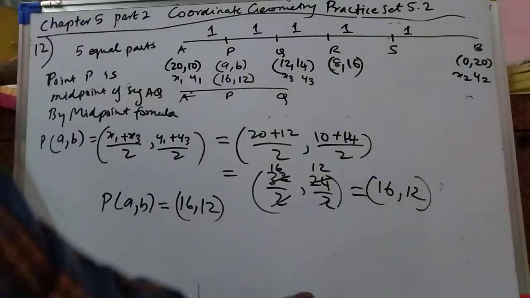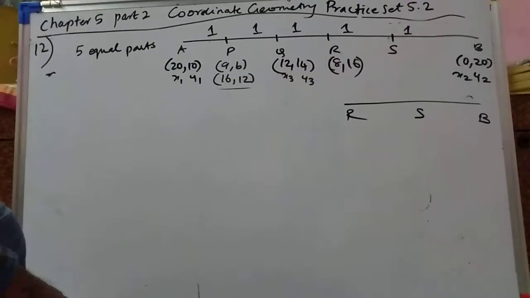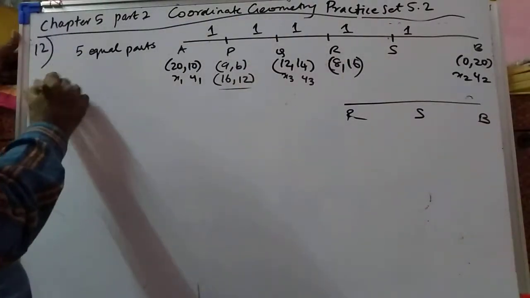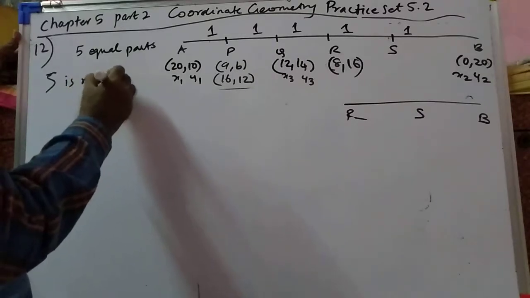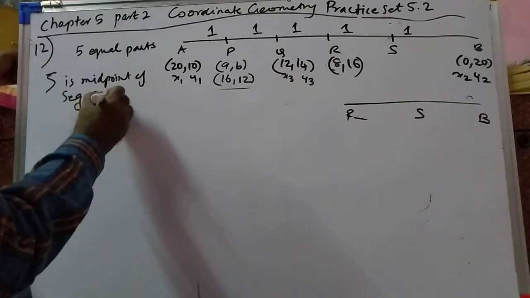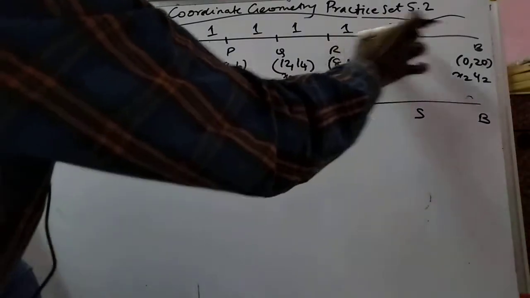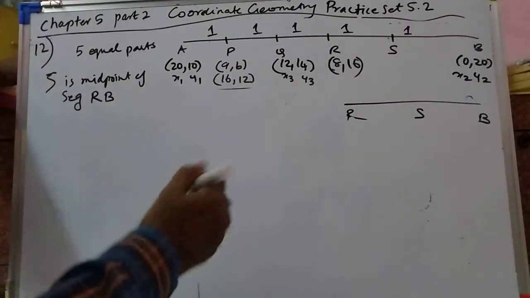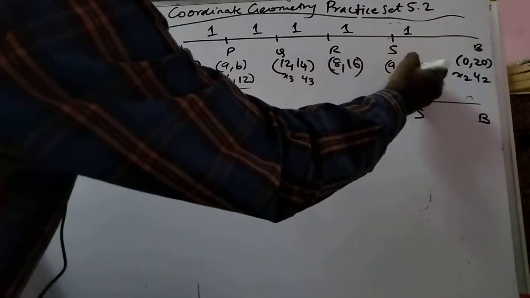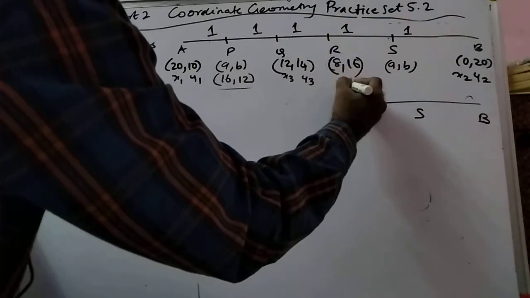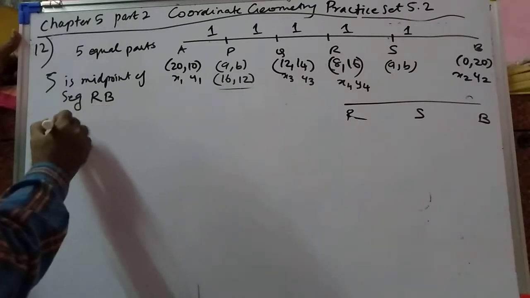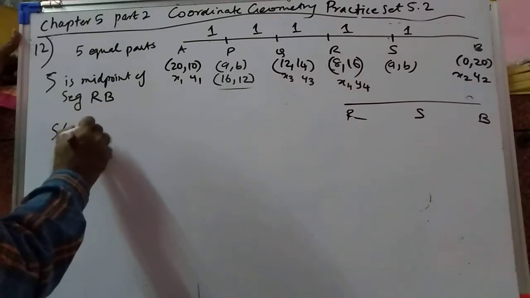Let us do for S. Now S is the midpoint of R and B, because it is also 1, it is also 1. So therefore you can take it as S (a, b). Take it as x4, y4.